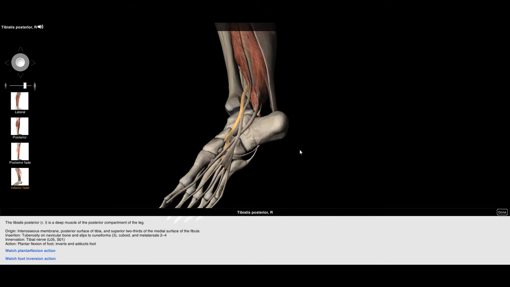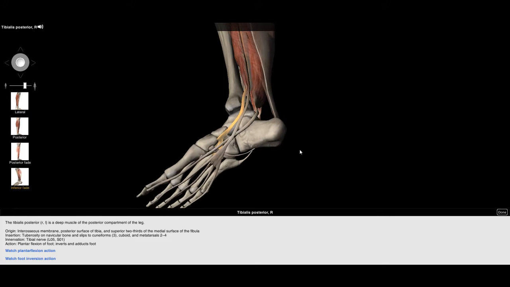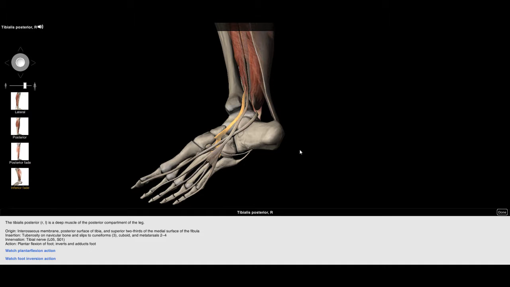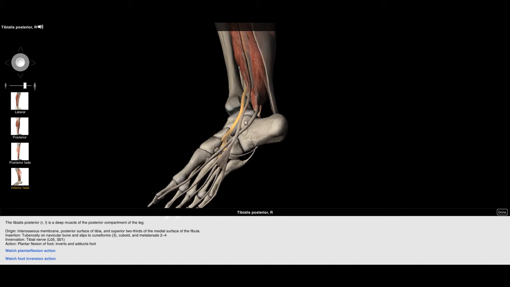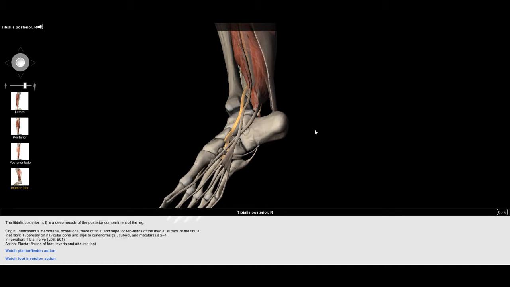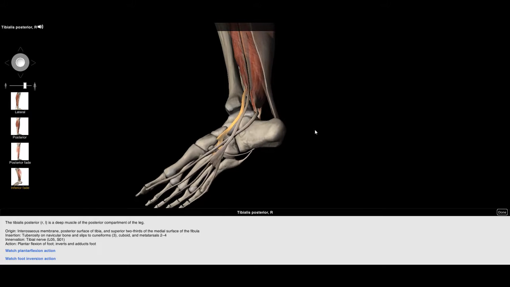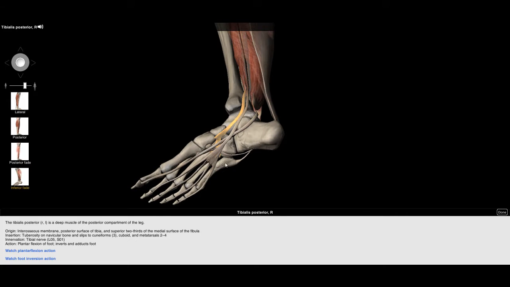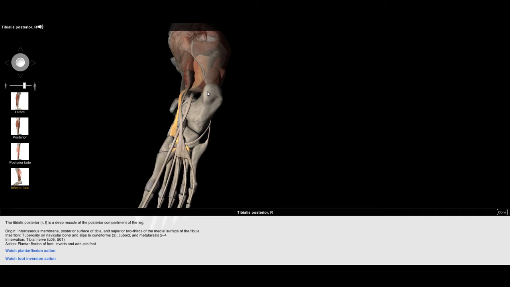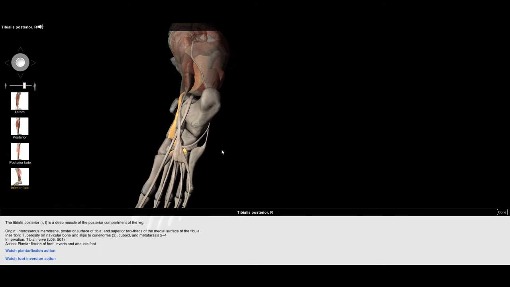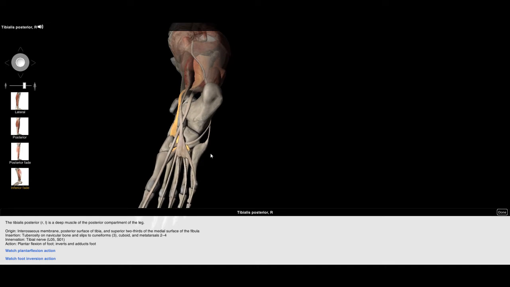And then on the medial aspect, our other plantar flexor is the tibialis posterior, which is a deep muscle, and it inserts into the navicular tubercle and then into the bases of the second, third, and fourth metatarsals. The bases of the metatarsals.